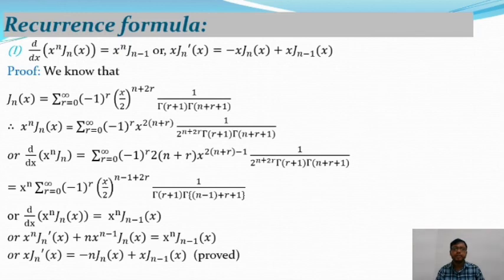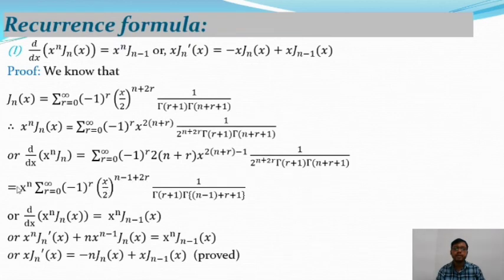And this summation will reduce to x to the power n, okay, into summation over r is equal to 0 to infinity of (minus 1) to the power r into (x by 2) to the power n minus 1 plus 2r.